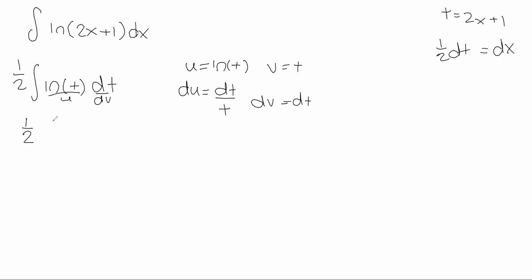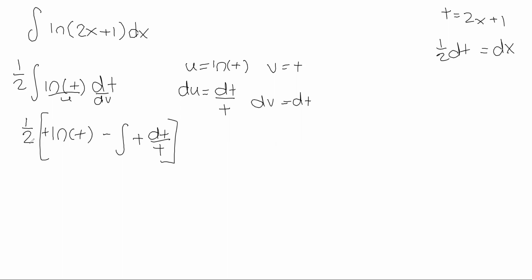So when we're doing integration by parts, we're going to have u times v as we always do, so that's going to be 1/2 times natural log of t times t, and then we have minus the integral of v times du. And it works really nicely because in this integral right here, we have a t on top, we have a t on the bottom, and they cancel each other out. So let's go ahead and distribute the 1/2.